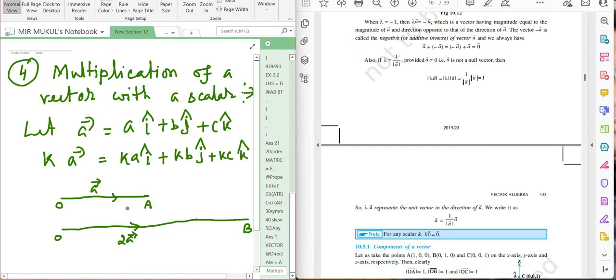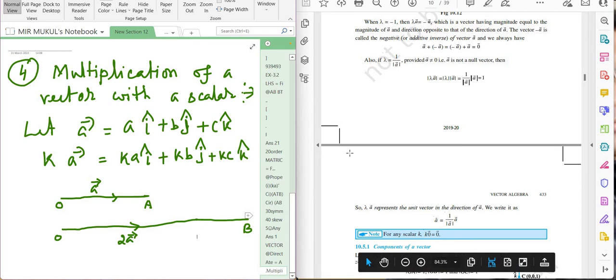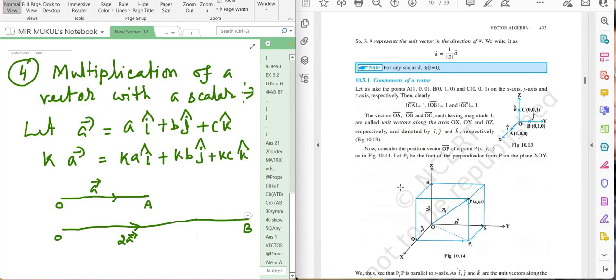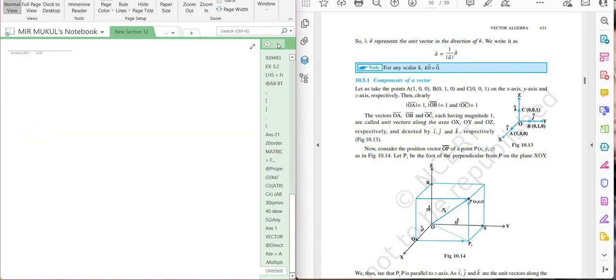That means if we multiply any number, then its magnitude will be changed. Okay, if we multiply a positive number, then its magnitude will be increased. If we multiply a negative number, then its magnitude will be decreased.